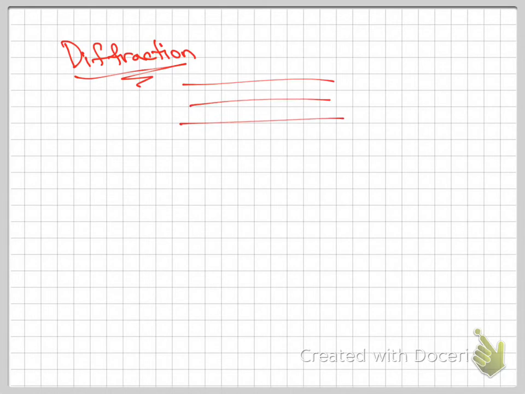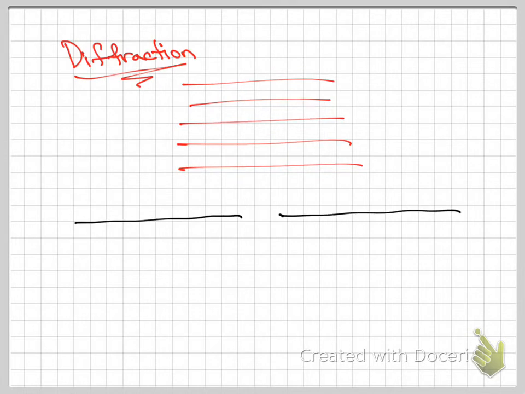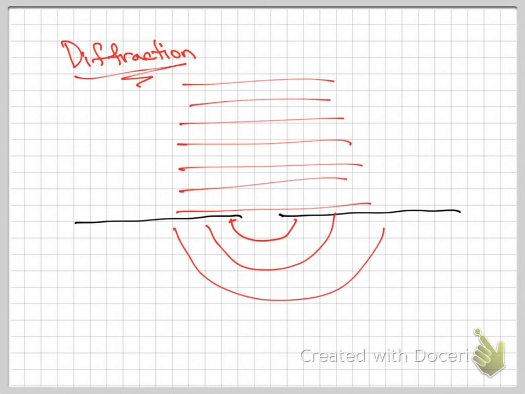If we have a wave traveling, and let's say it comes to a spot, maybe I'll undo that one, comes to a spot where it's not just a boundary. Let's say it's a kind of a barrier with an opening in it. Okay? What those waves are going to do is they are going to spread out like this.